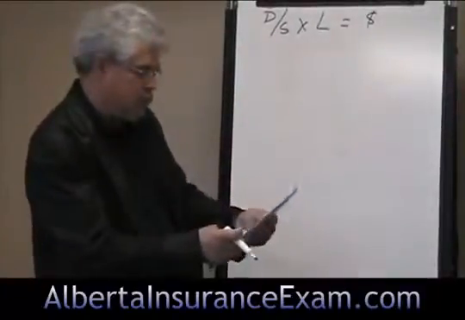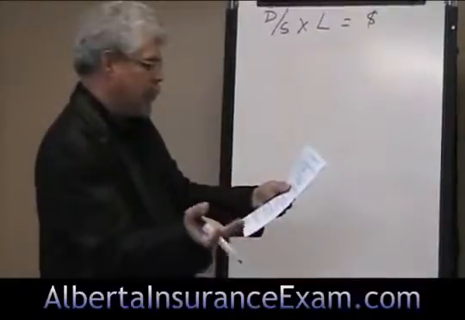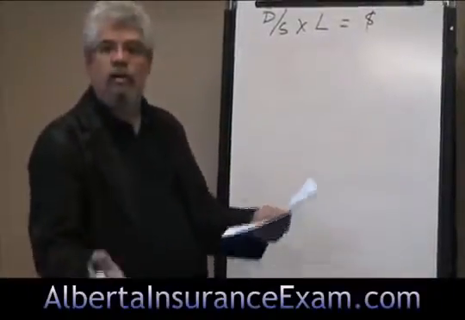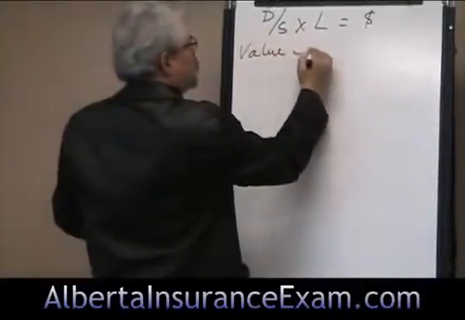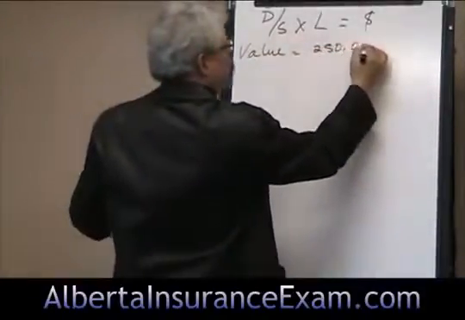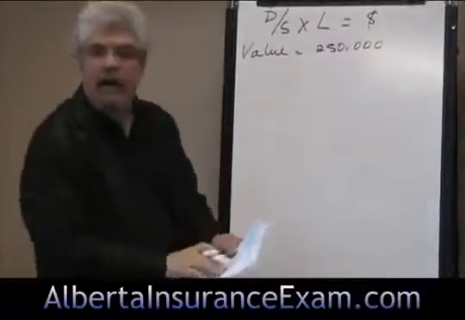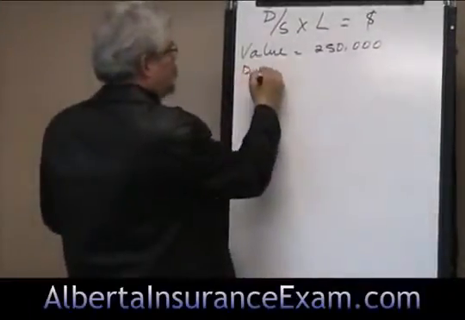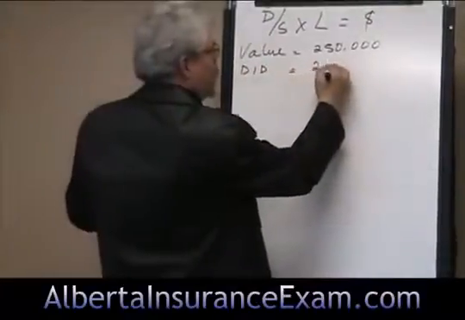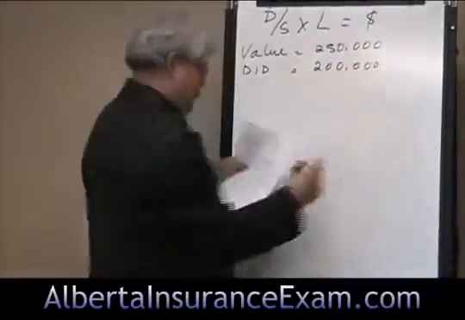It's much easier. So, the owner of a building worth $250,000, that's the value. So we have the value, $250,000. Buys $200,000 of insurance. Did, right? The did is what did he buy? Buys $200,000.